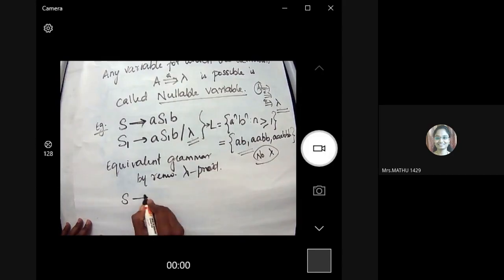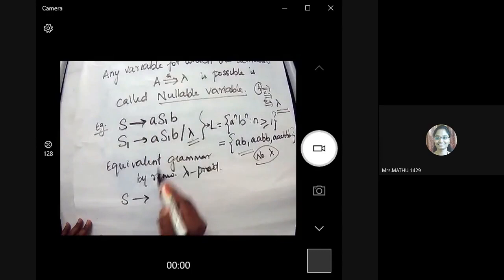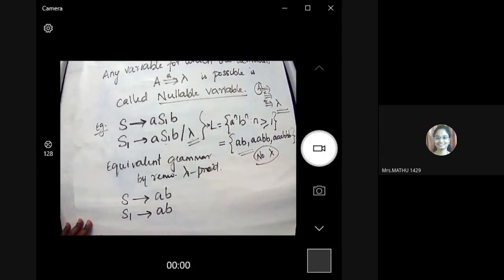S gives, if you apply lambda to this S1, you will be generating AB. And again in this production, if you apply lambda, we will again get AB.